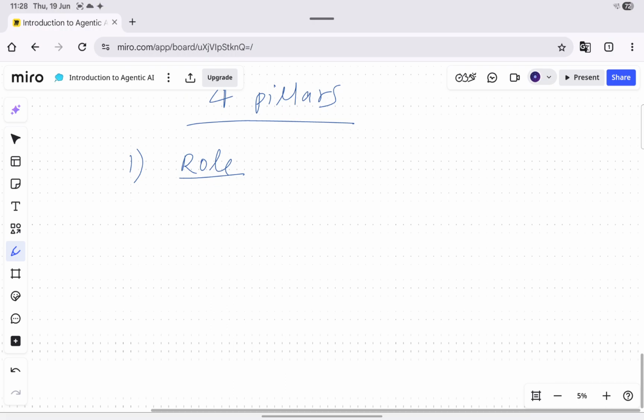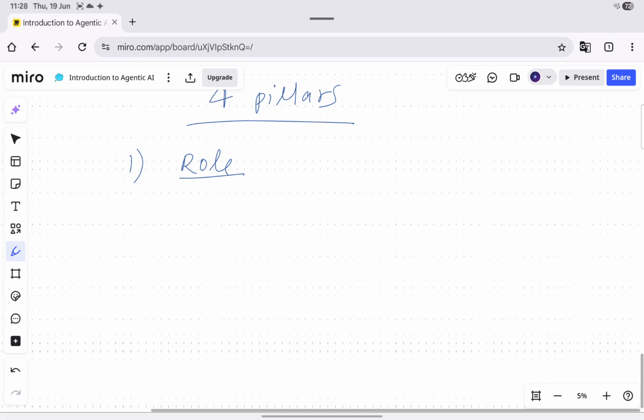For example, you are a professional chef specializing in healthy cuisine with 15 years of experience. In our case, if you are a Python developer specializing in web applications, your expertise will be Flask and API development. In a similar way, each agent has some role.